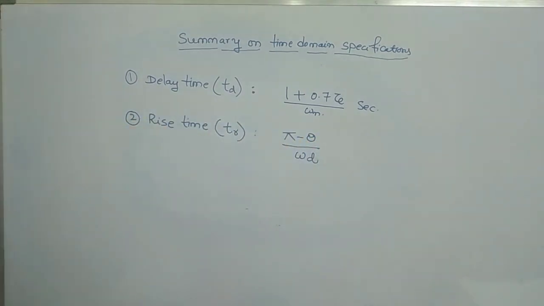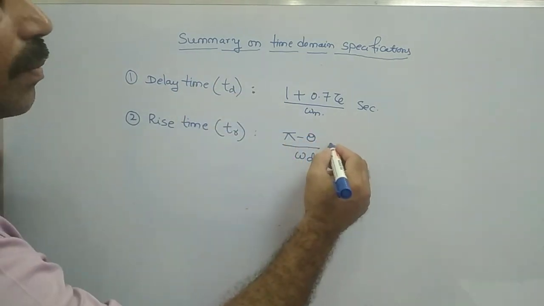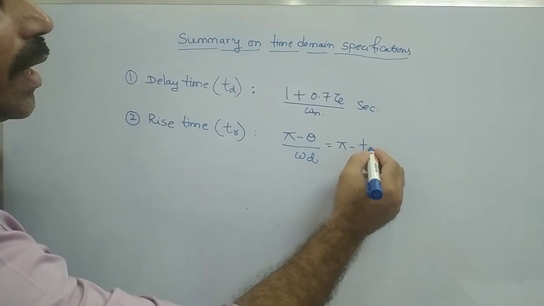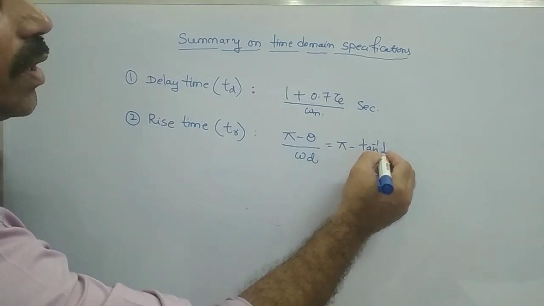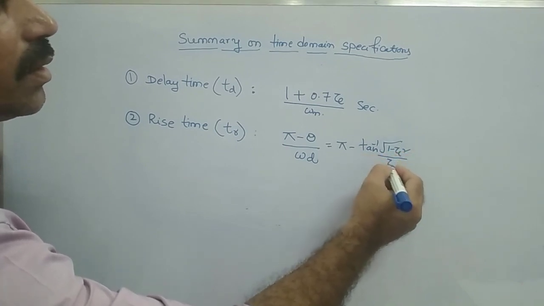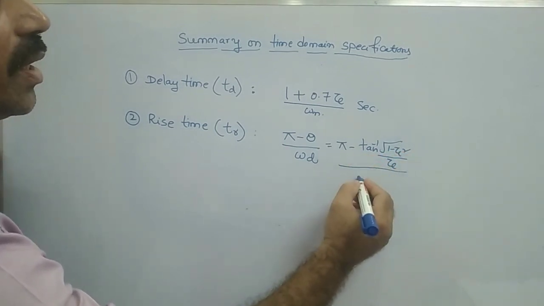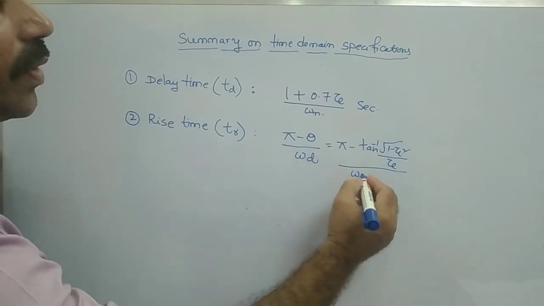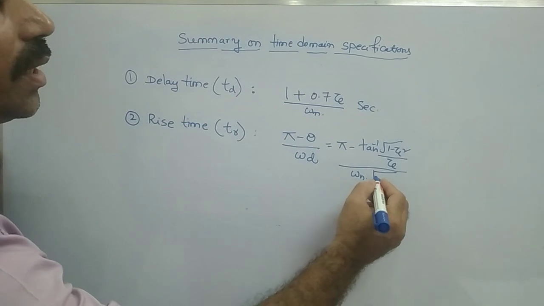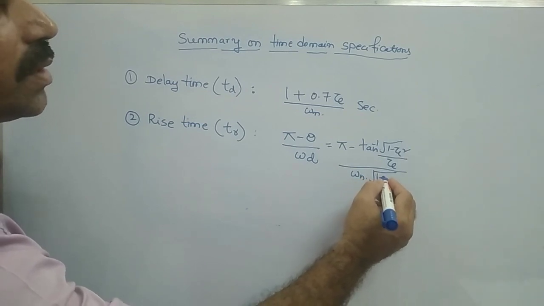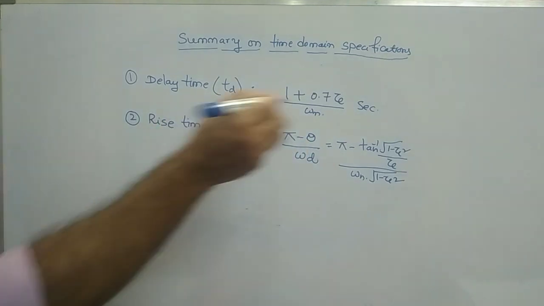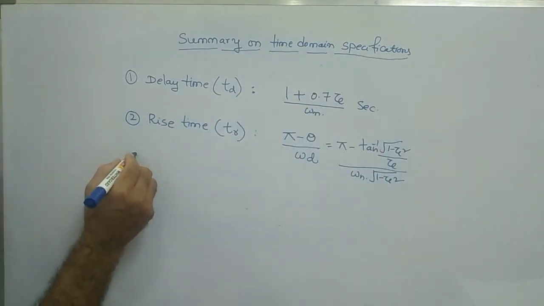Further, theta is tan inverse of square root of 1 minus zeta square by zeta. What is omega d? It is the damped natural frequency, omega n into square root of 1 minus zeta square. All are in seconds, and that is the second parameter.